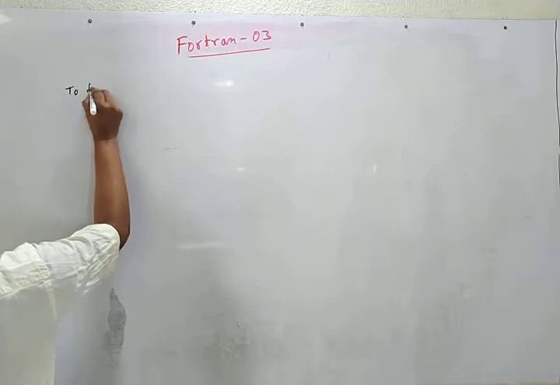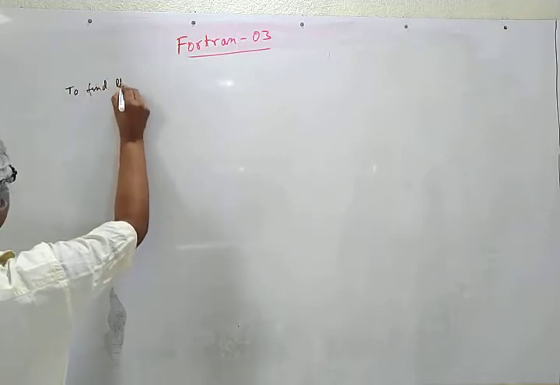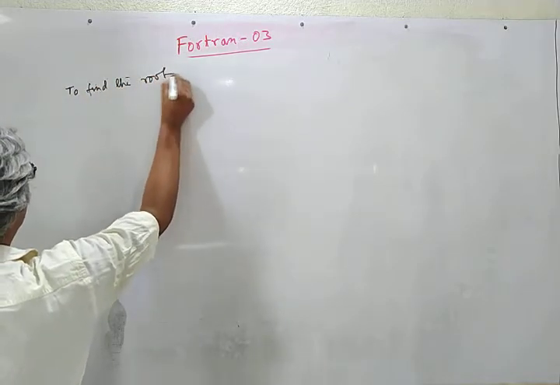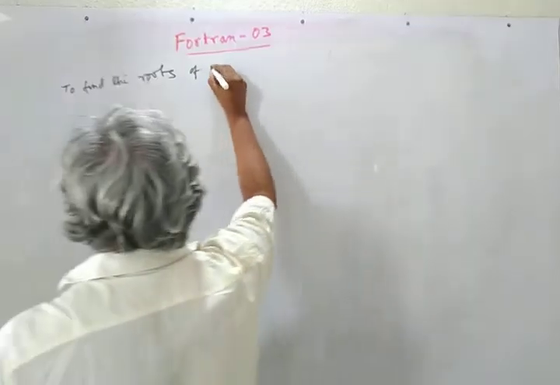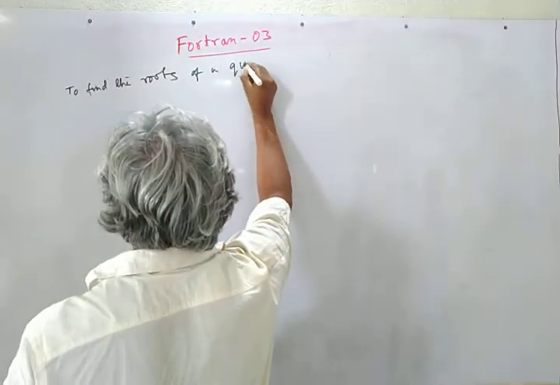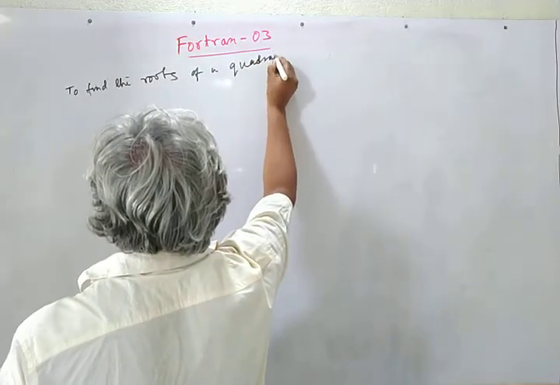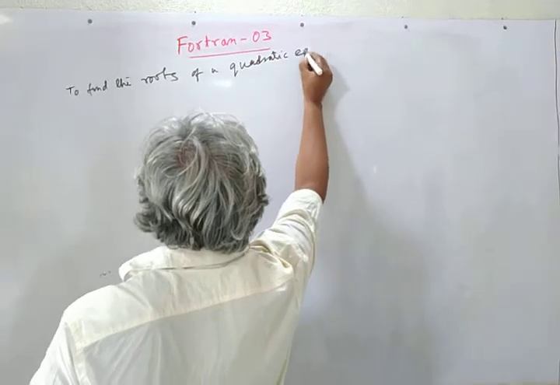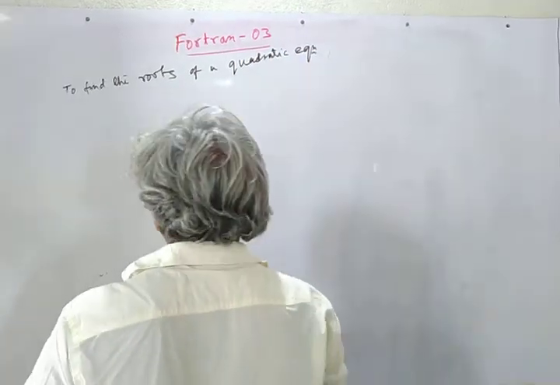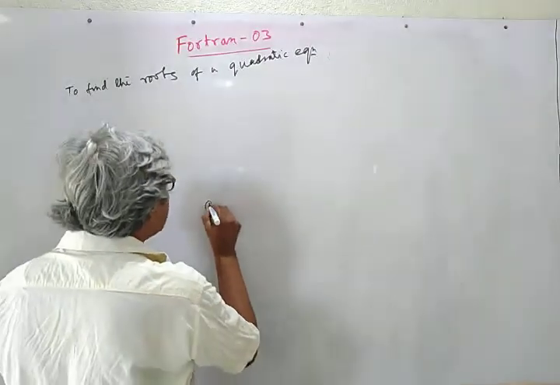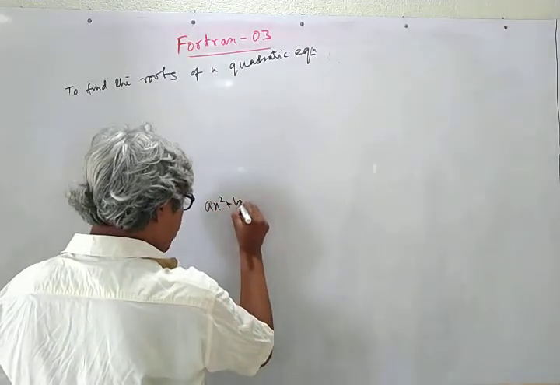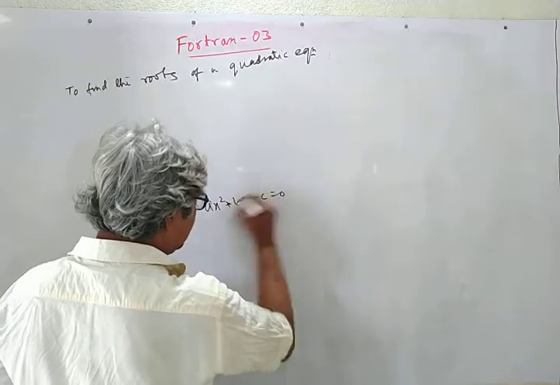to find the roots of a quadratic equation. Now we know that a quadratic equation is this: ax square plus bx plus c is equal to 0.